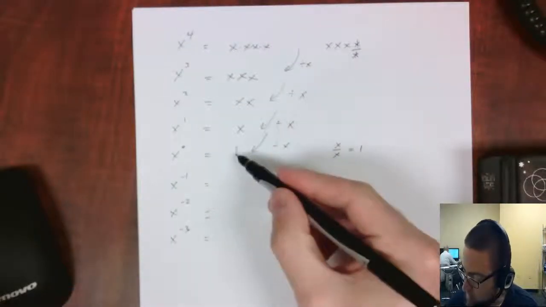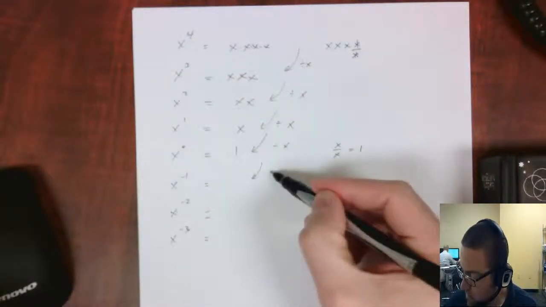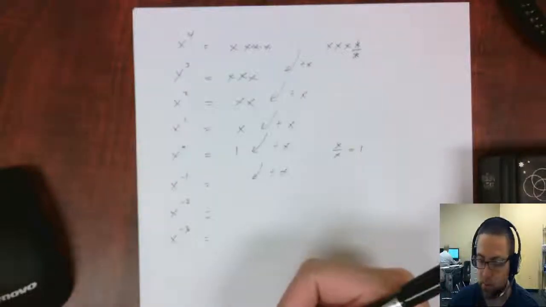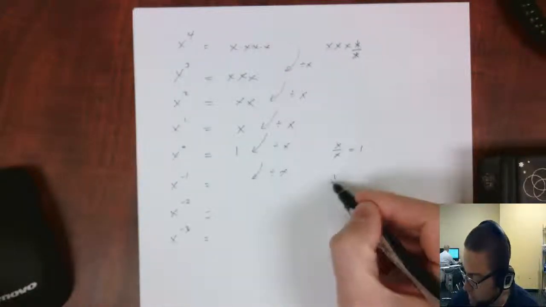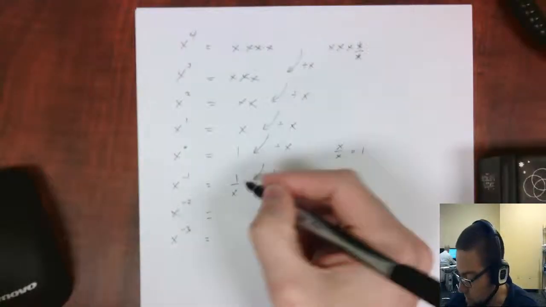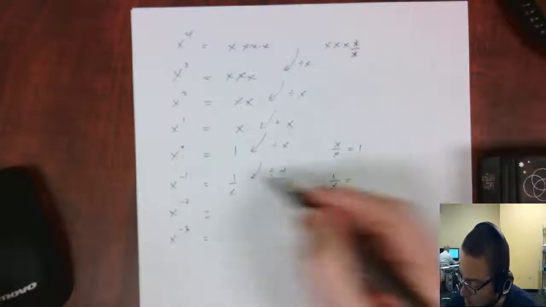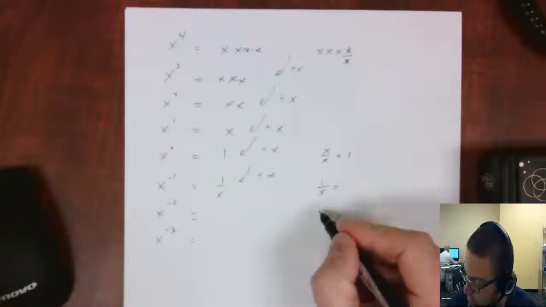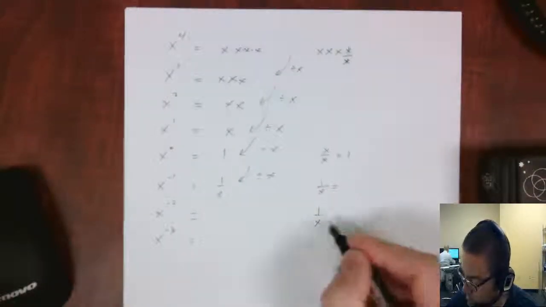And now, what if I took the 1 and divided it by an x? Well, 1 divided by x is just 1 over x, to the first power, right?